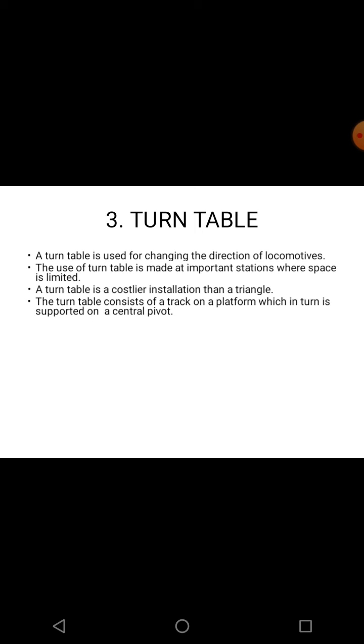This central pivot can rotate about a circular circumference. So the circular platform or turntable is installed in a circular pit, and this can be revolved. How it works, I will explain now.